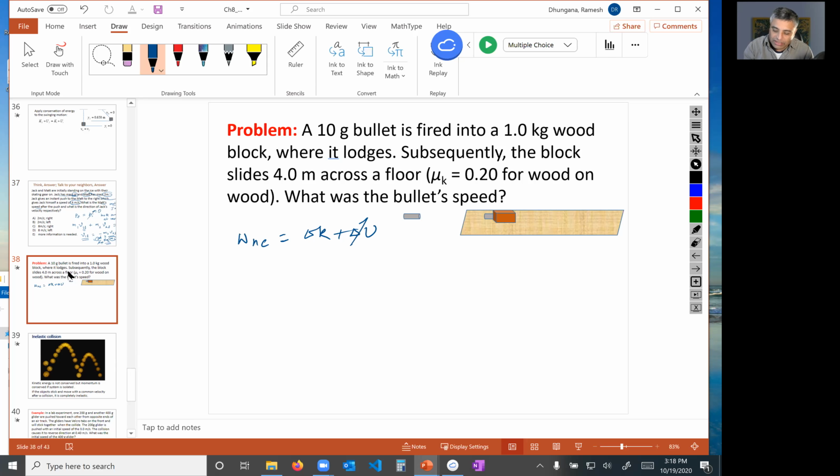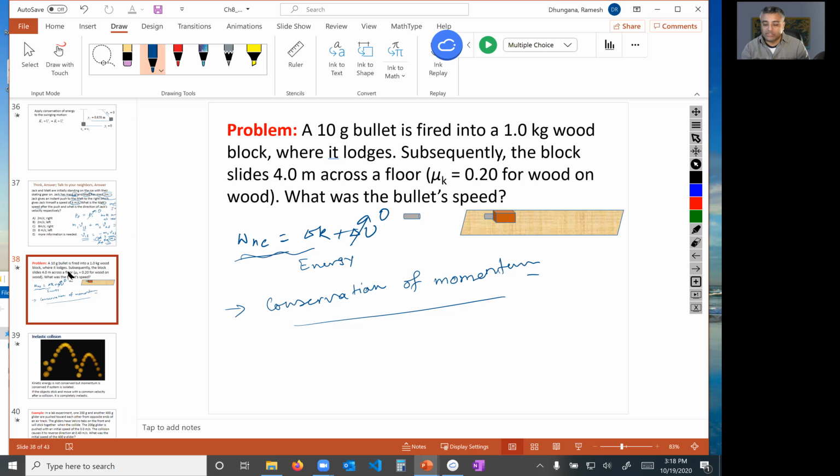And since the height is not changing, it's going to be 0. So this is for the energy, and you also need to use conservation of momentum. So use these two concepts and solve this problem.